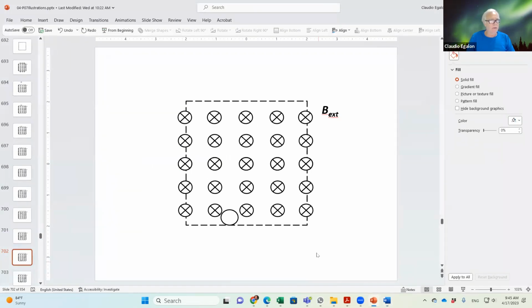Going back here again, what's going to be here? The magnetic flux increased. Consequently, the current is counterclockwise.